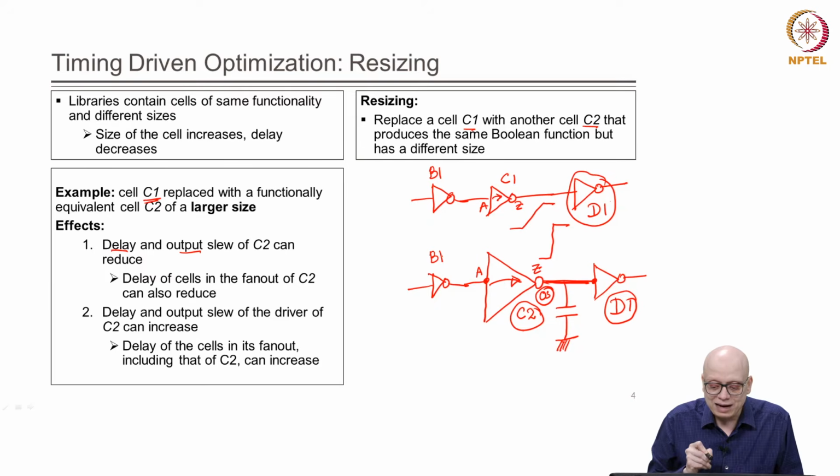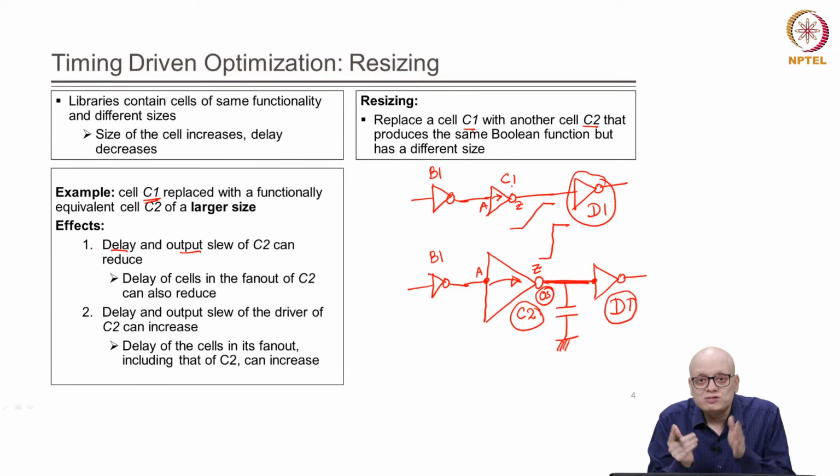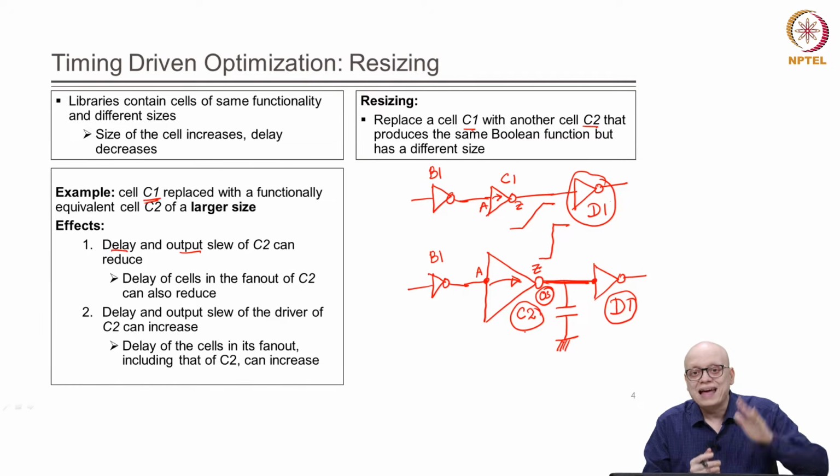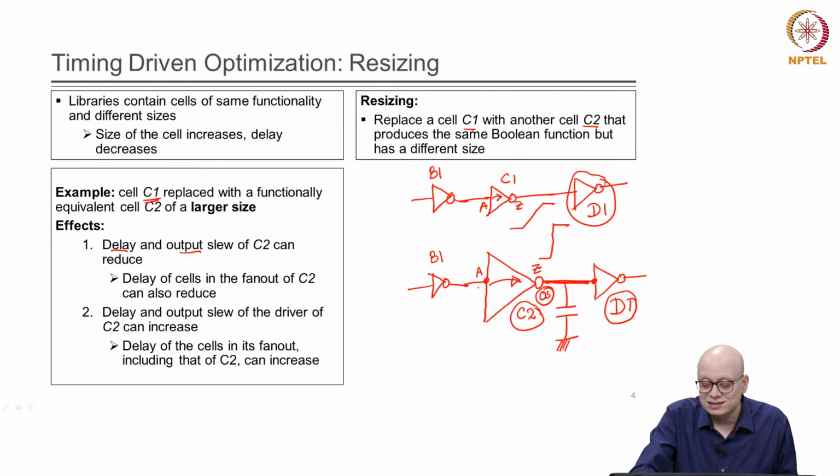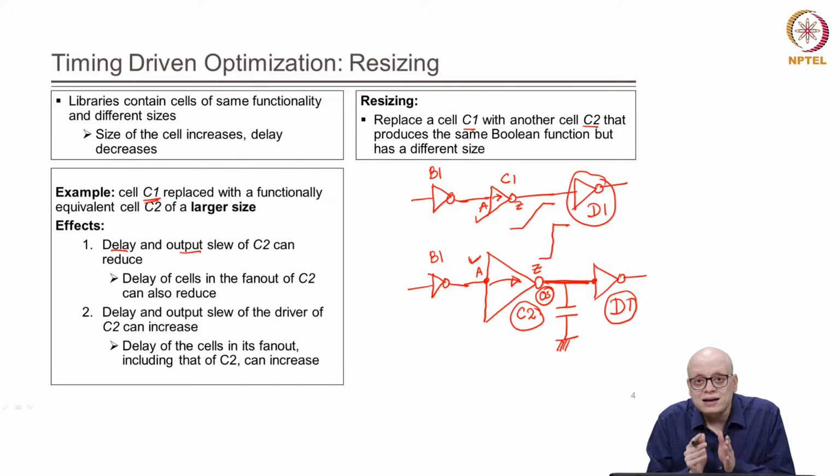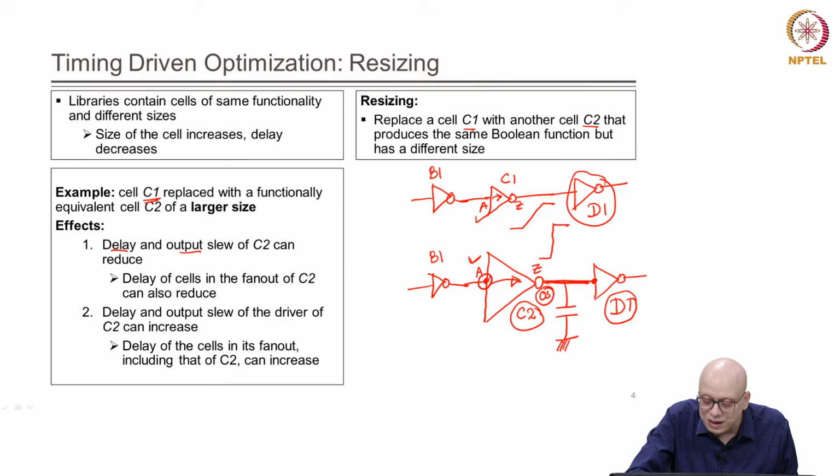Earlier B1 was driving a cell C1 which was of smaller size, and now it has to drive a cell C2 which is of larger size. If we use a bigger cell C2, the input pin capacitance of A will be larger, right, and therefore B1 needs to drive a larger load, right.